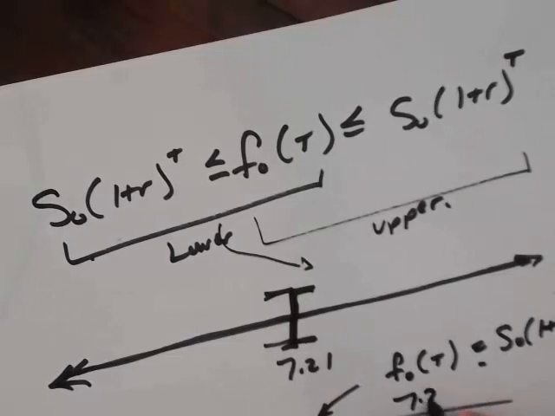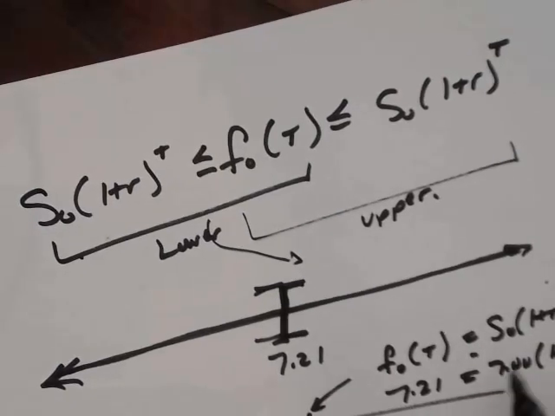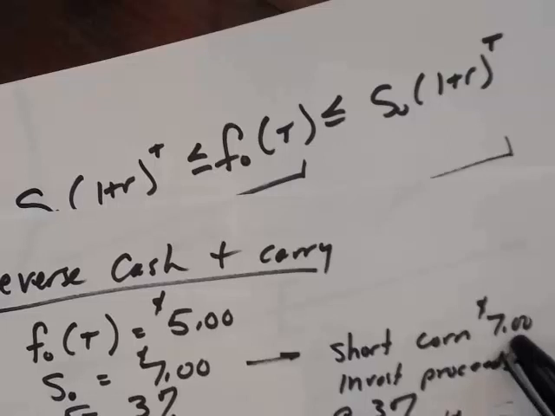And so 721 equals $7 compounded at 3% for 1 year. So that is the exact price under the cash and carry model. The cash and carry model relies on no arbitrage opportunities under cash and carry, and no arbitrage opportunities on reverse cash and carry.